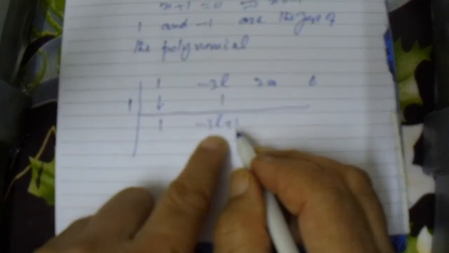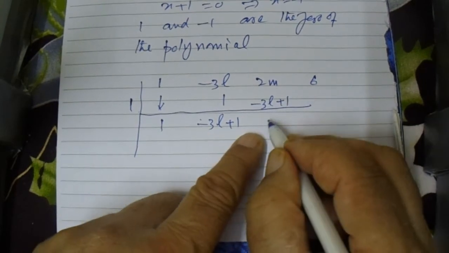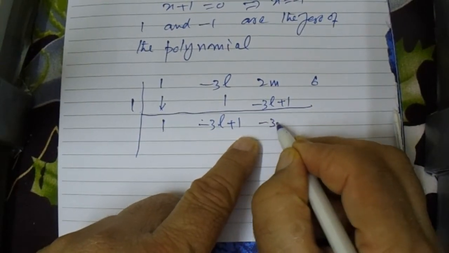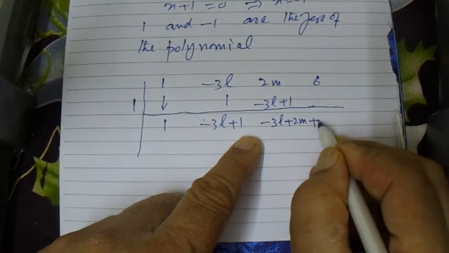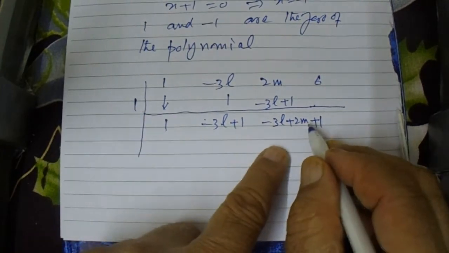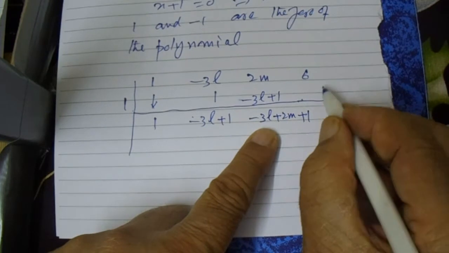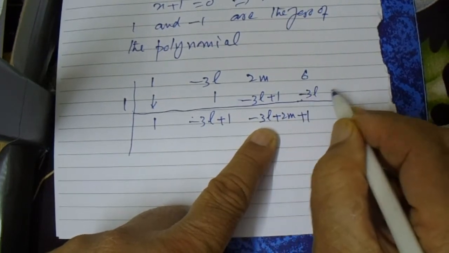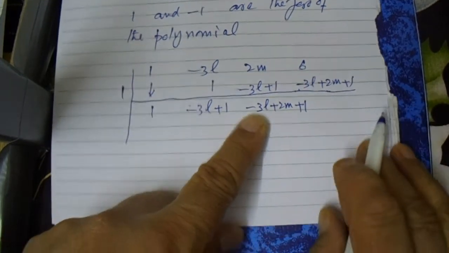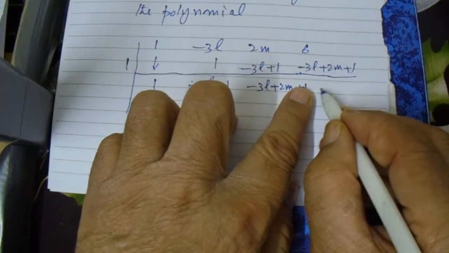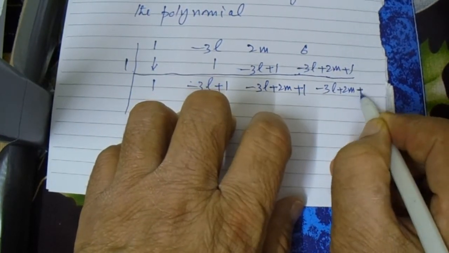Again this 1 multiply with this, we write minus 3l plus 1, or we write 2m minus 3l plus 2m and plus 1. Again we write this multiply by this, we write same here minus 3l plus 2m and plus 1. We write below this minus 3l plus 2m is equal to plus 7.